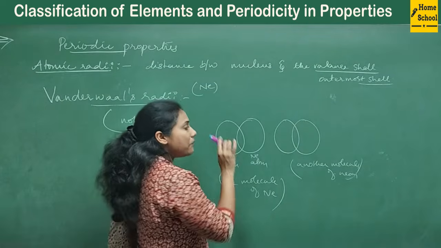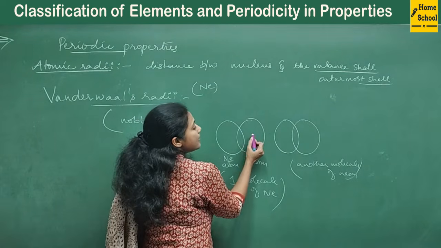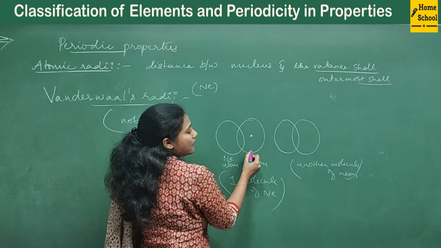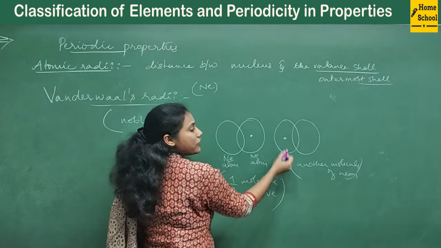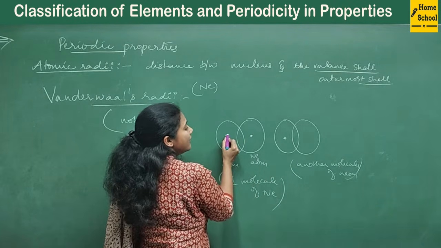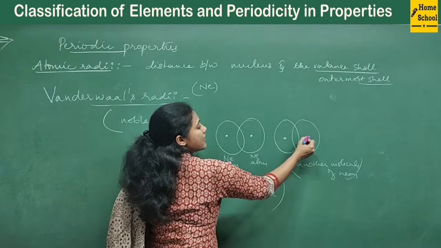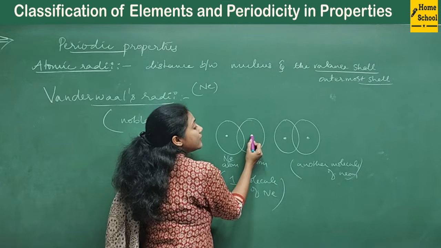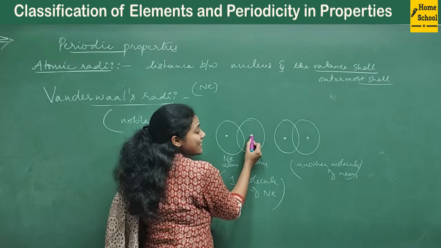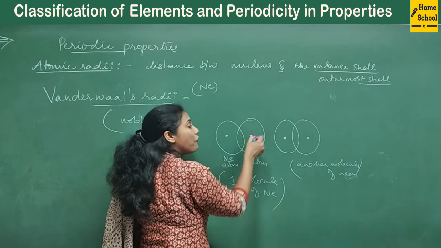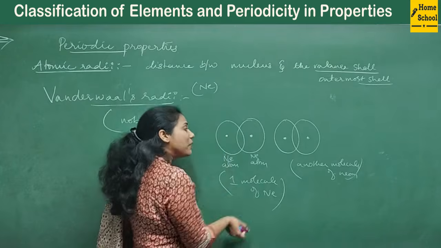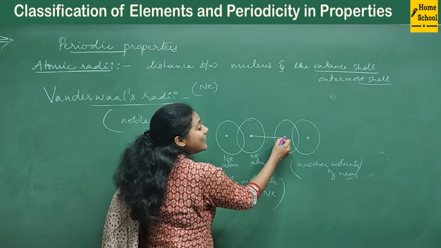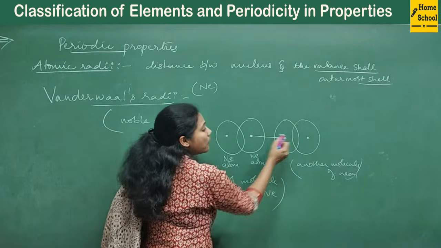Now observe here. This is the nucleus of this atom, and this is the nucleus of this atom. There is a nucleus for each atom. But here, you can observe the distance between the nucleus of one atom of one molecule and another atom of another molecule.